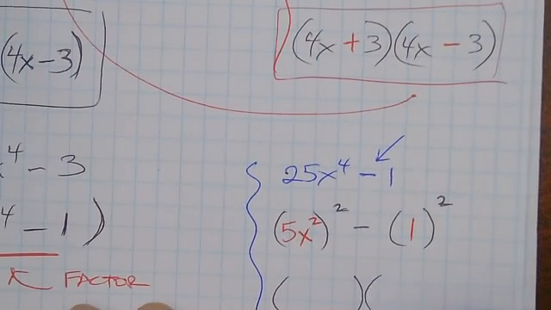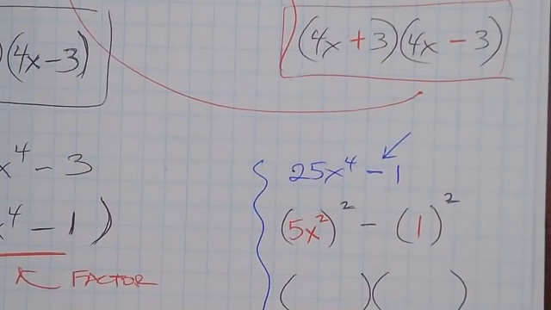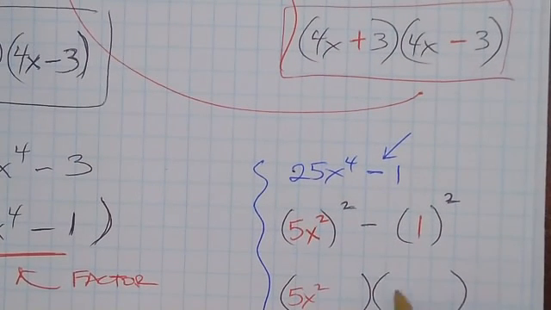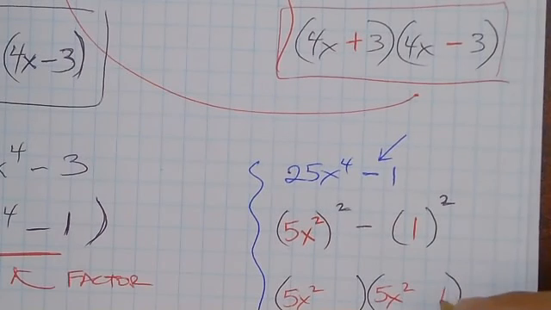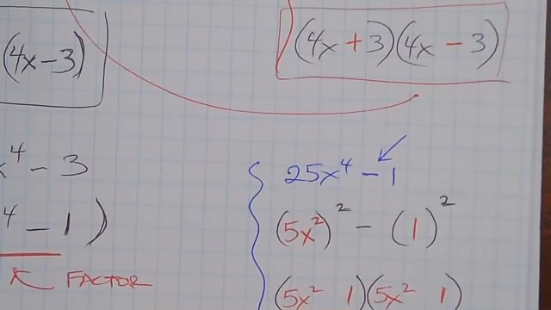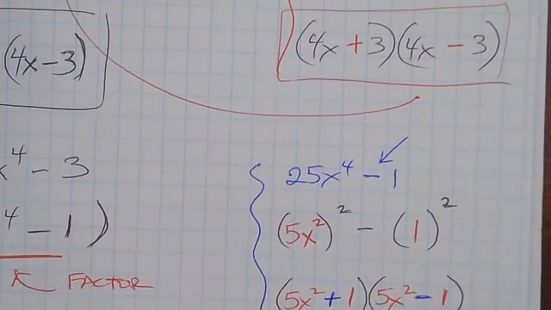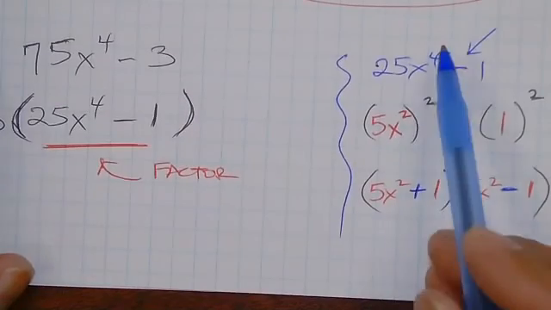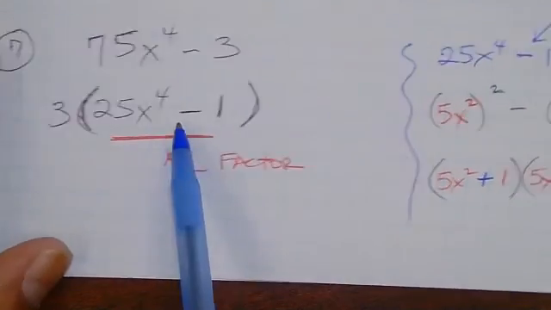And if it's true, how does it factor out? How would be the two parentheses for difference of squares? Well, the front is 5x squared and 5x squared. The back is a 1 and a 1. And 1 plus, 1 minus, right? So that middle term cancels out.